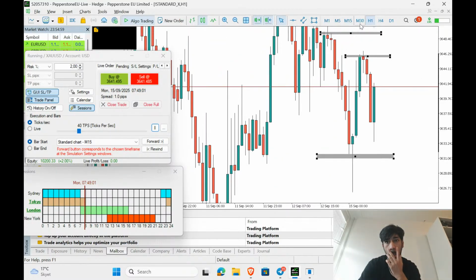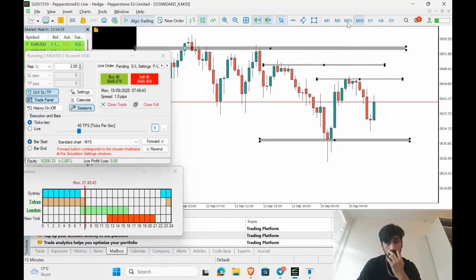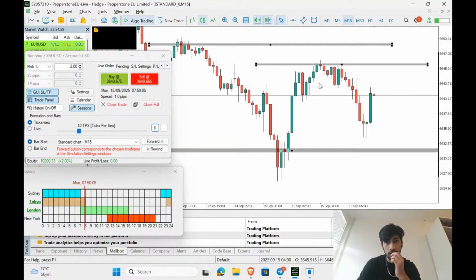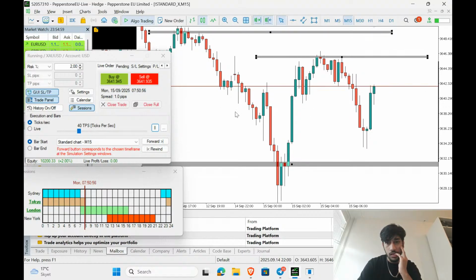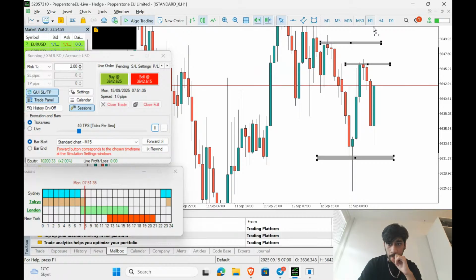But still, this is not a consolidation. This is a proper trend.